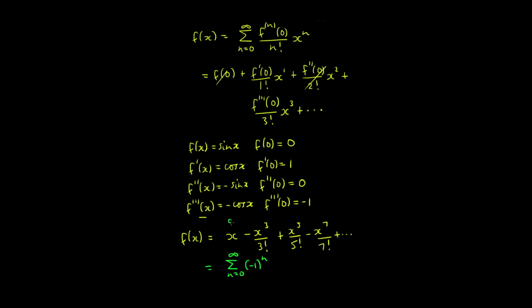And then when n equals 0, 1, 2, and 3, we have x to the power of 1, 3, and so on. So that will be 2n plus 1. And then divide this by 2n plus 1 factorial. Because we have 1 factorial for n equals 0, 3 factorial for n equals 1, and so on. And that's our series.